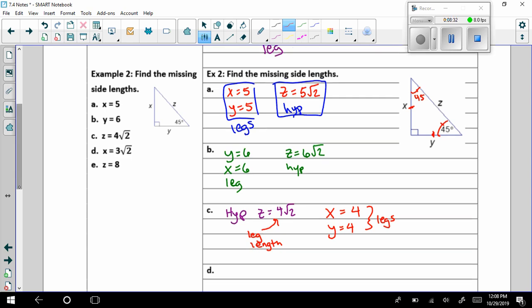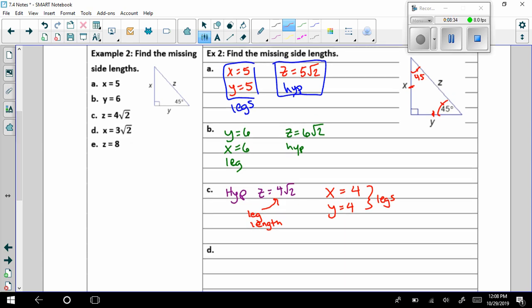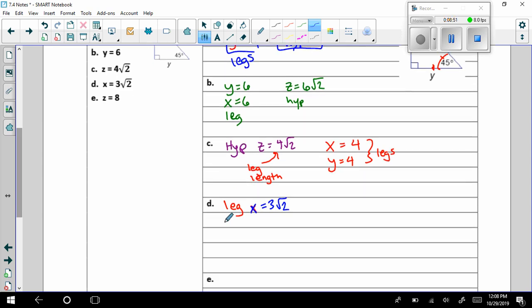Okay. So what happens then on this next one if our leg is 3 square root 2? All right. Well, we still know that y is a leg, and so it is also 3 square root 2. And our hypotenuse is our leg length times the square root of 2.